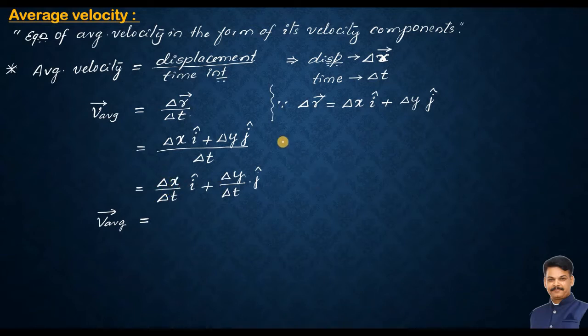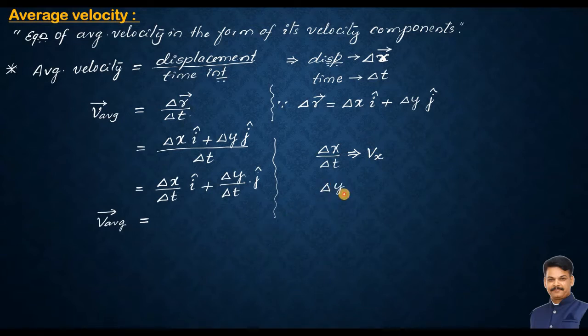Observe, dear students, delta x by delta t: what does it indicate? A small change along the x-axis with respect to a small change in time. Can I call this a velocity? Because it is displacement divided by time, it can be represented as the velocity component along the x-axis.